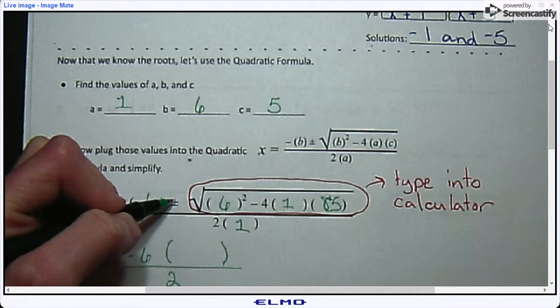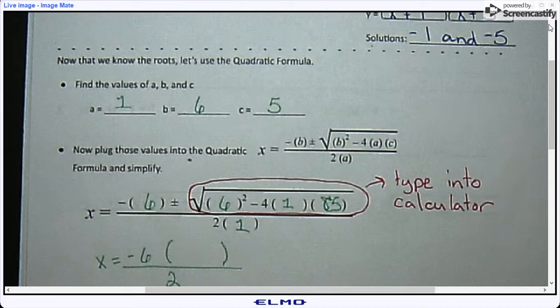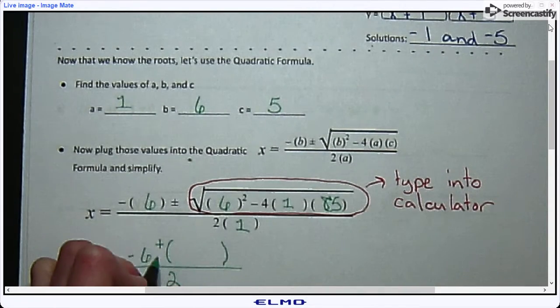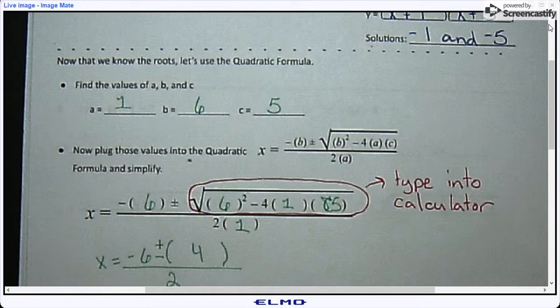Remember, when I get a square root, it could be positive 4 times positive 4, or negative 4 times negative 4. That's where we get our plus or minus. From here, I'm going to split it into two equations. One where I pretend that it's the positive 4, the other where it's the negative 4.